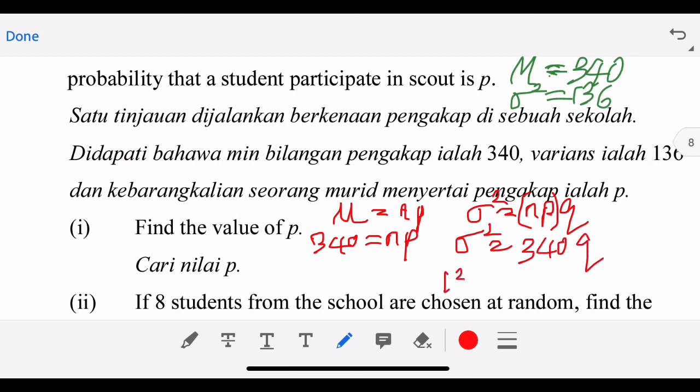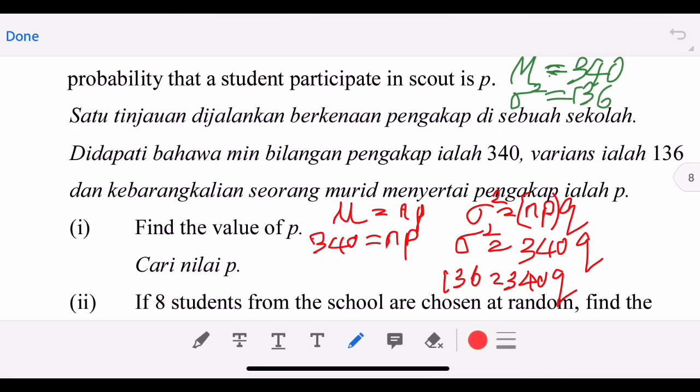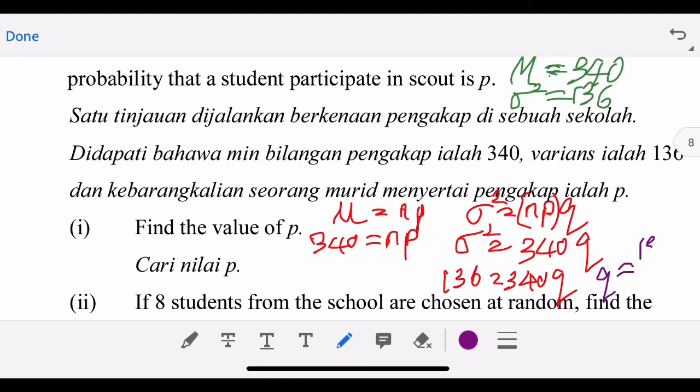variance was given 136. So you can substitute the NP equal to 340, right? Because you have three unknowns and NP is equal to 340, so you don't have to do three equations. So now variance is 136. You substitute 136 equal to 340Q. So you can solve your Q is 136 over 340.